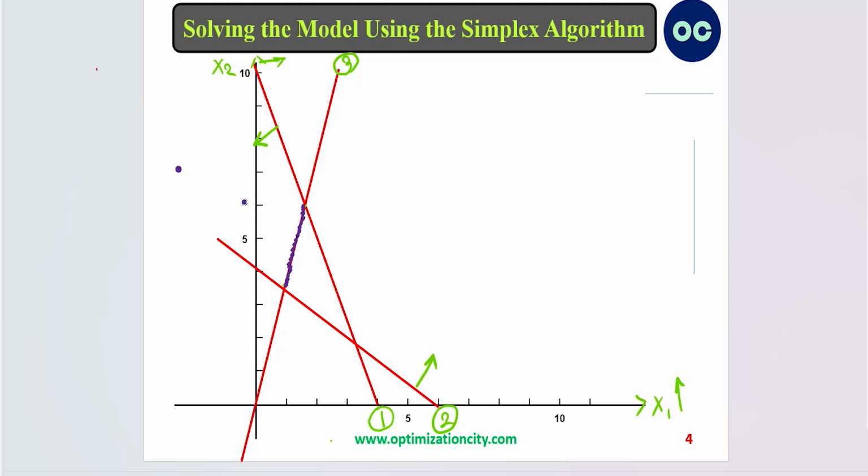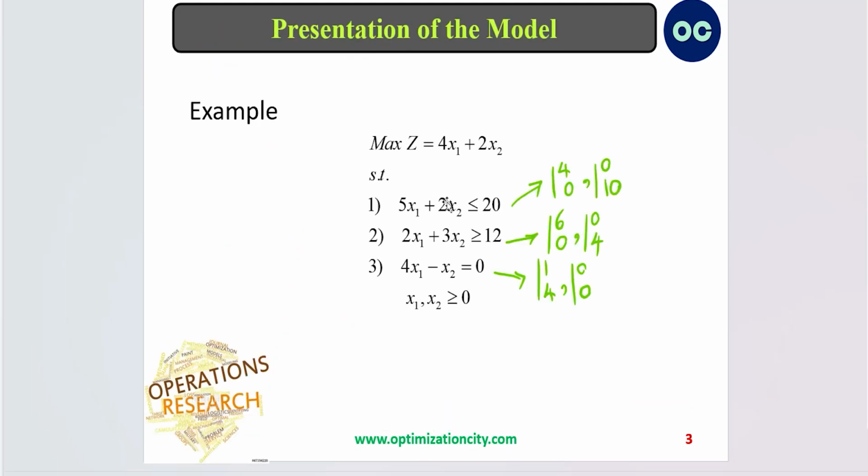Now, to find the optimal solution, we plot the objective function for two values. Z is equal to 4: we have 2 points, 1, 0, and 0, 2.